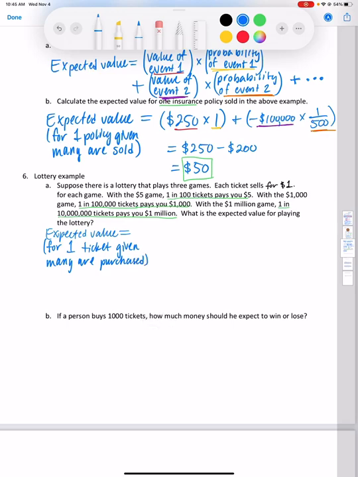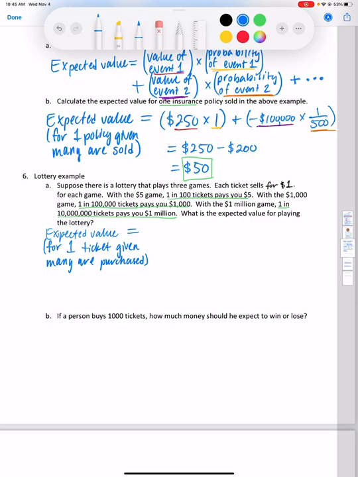So we need to take each of the games one at a time and see what the expected value would be, which means we take the value of the game multiplied by the probability of you winning.